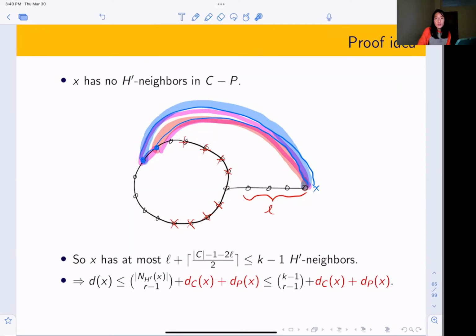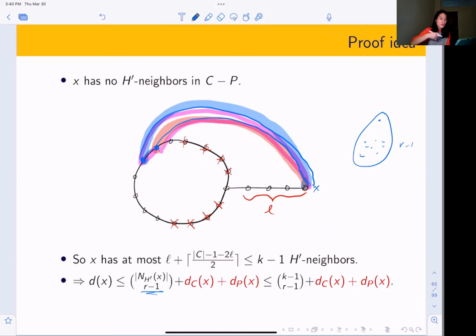But that's not going to be the degree. This is just the number of H prime neighbors. So to get a count on the degree of X, every H prime edge contains some r-1 other vertices. And each of these r-1 vertices are going to be H prime neighbors of X. So here we can just bound it by the size of the neighborhood choose r-1.